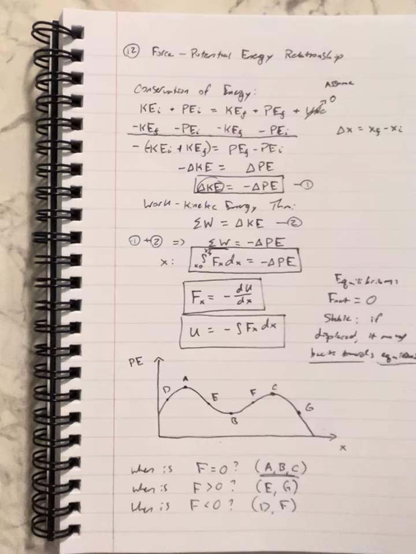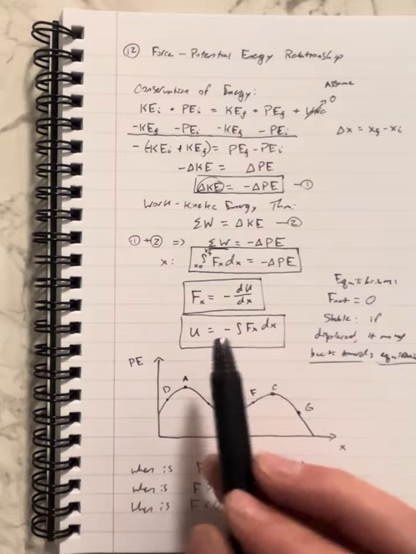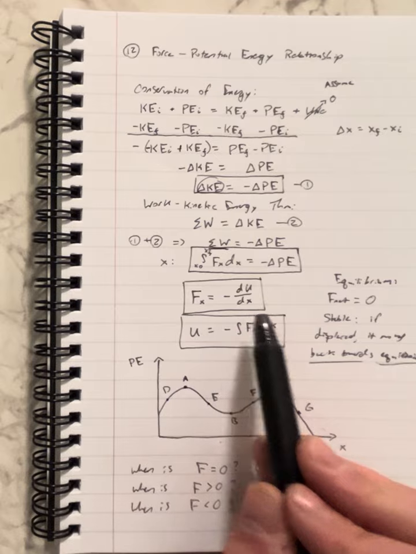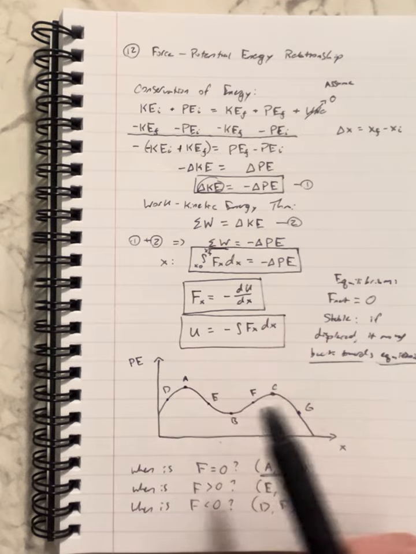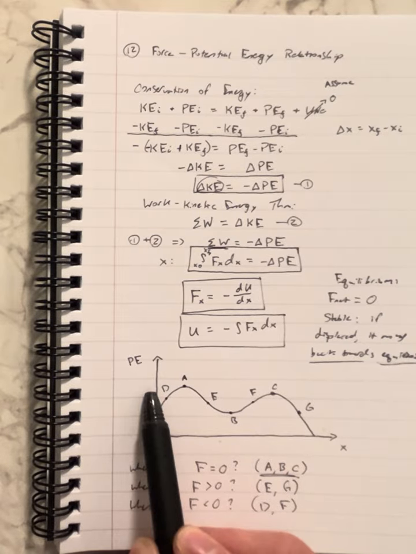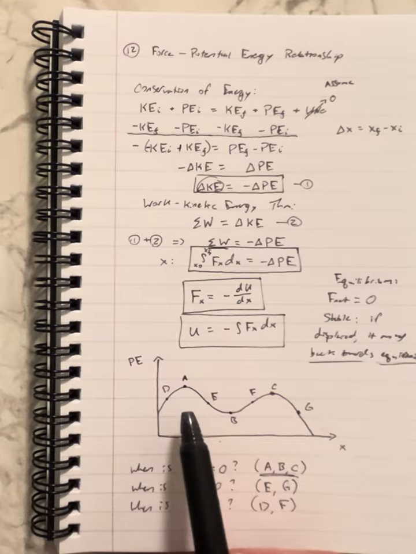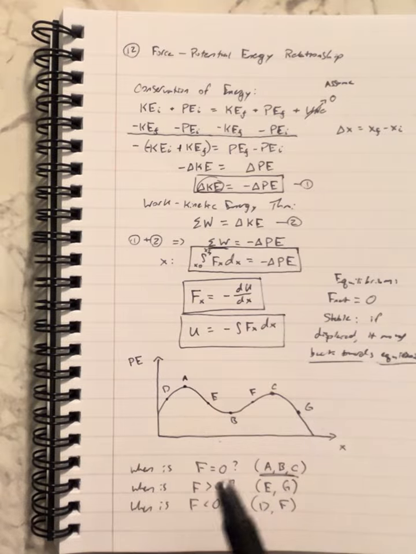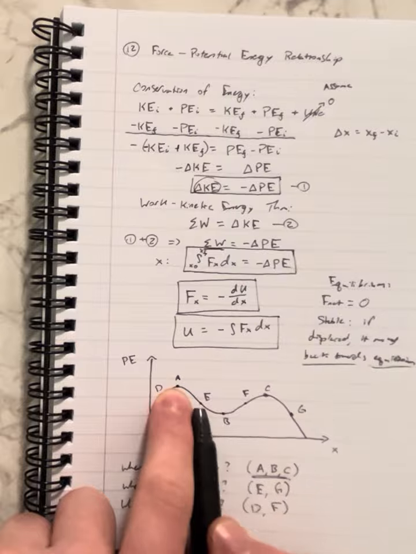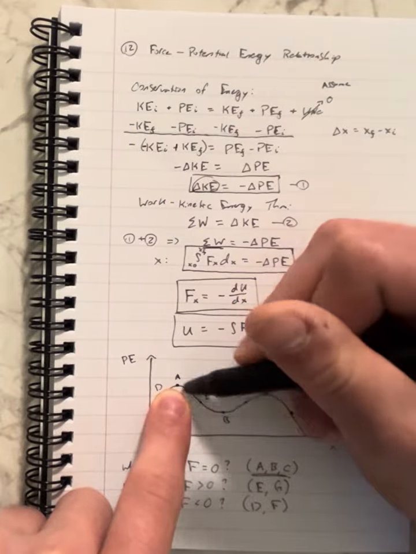The mathematical way is to say F is the negative derivative of the potential energy graph. So if I take an equilibrium point and I go left or right, in order for my equilibrium to be stable, I need a derivative to the left or the right that will pull me back to the equilibrium point. So if I look at point A and I go slightly to the right, the slope of the graph is downwards immediately after.